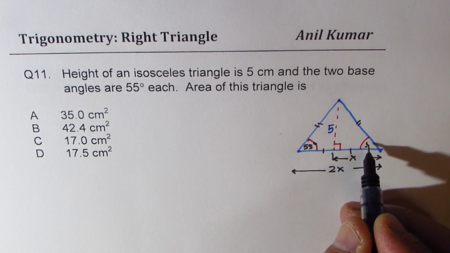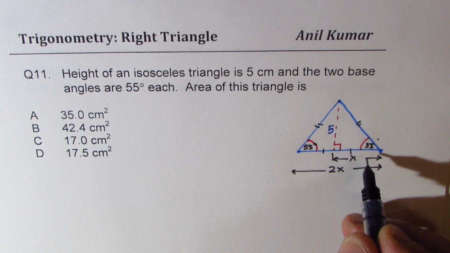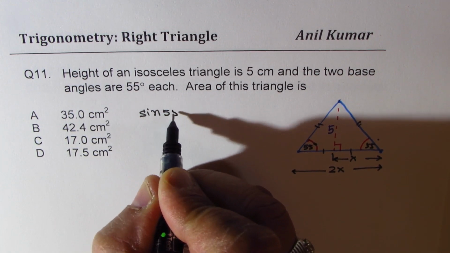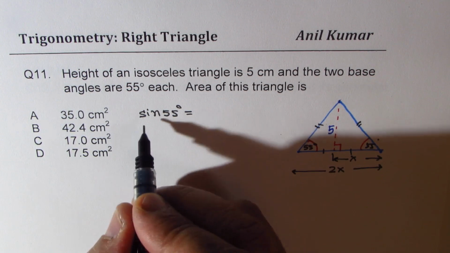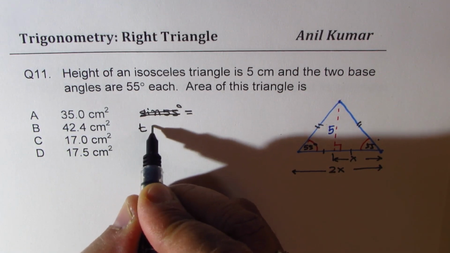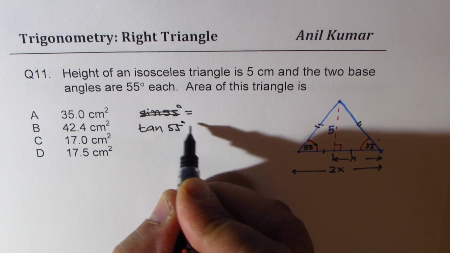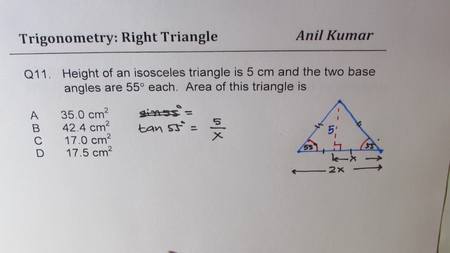Since the angle is 55 degrees, we can find x using which ratio? Tan ratio, because we know opposite and base. So tan of 55 degrees is basically equal to 5 over x.